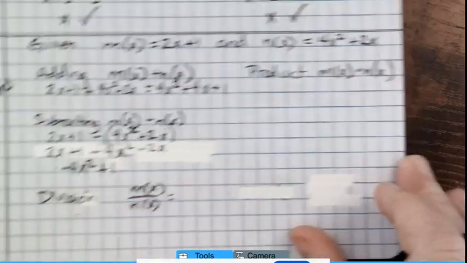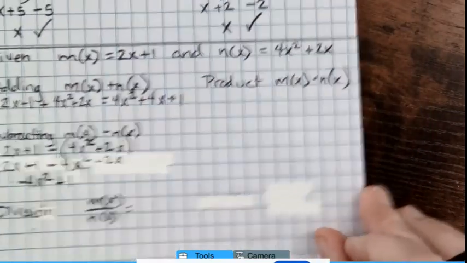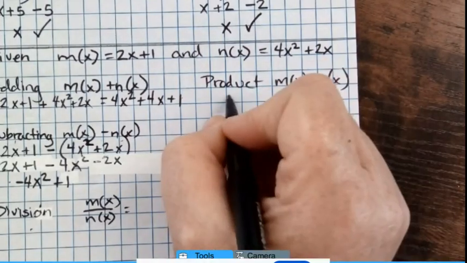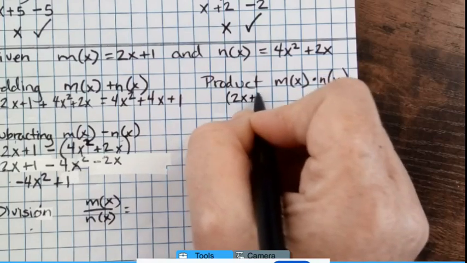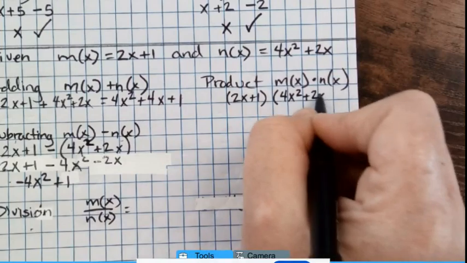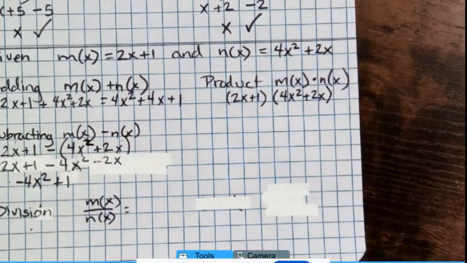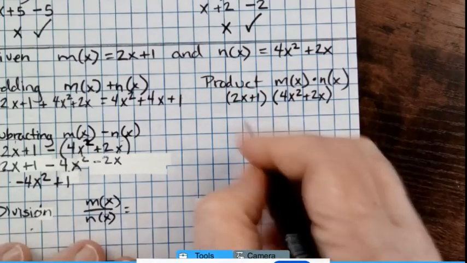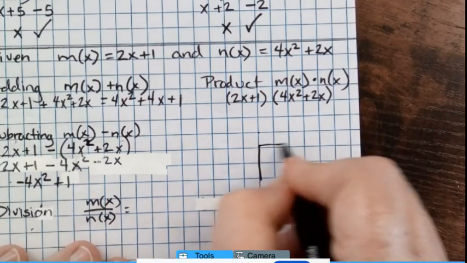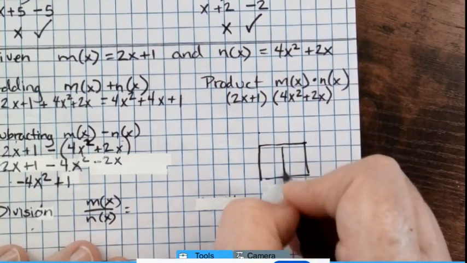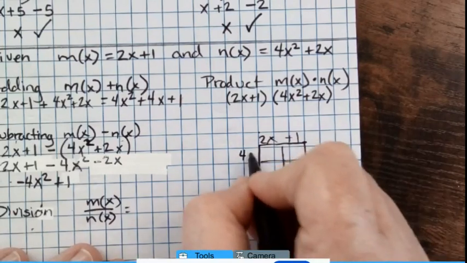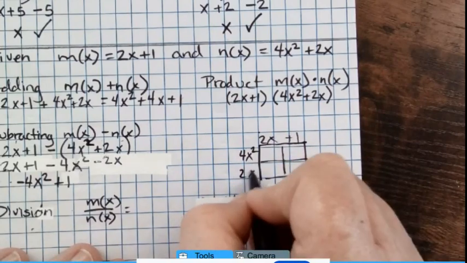Now we're going to do the product. The product is when you just multiply them. So m of x, which is 2x plus 1, times 4x squared plus 2x. You guys can do it any way you want. In this class, normally we've stuck with the area model. So I'll do it down here. So 2x plus 1, 4x squared, and 2x.